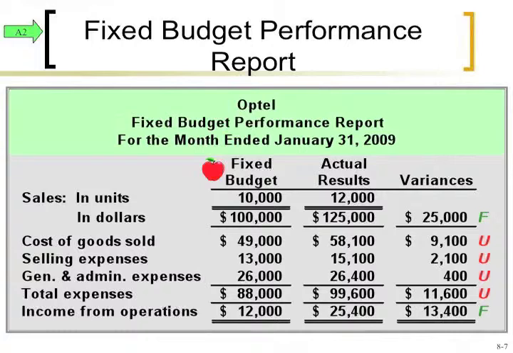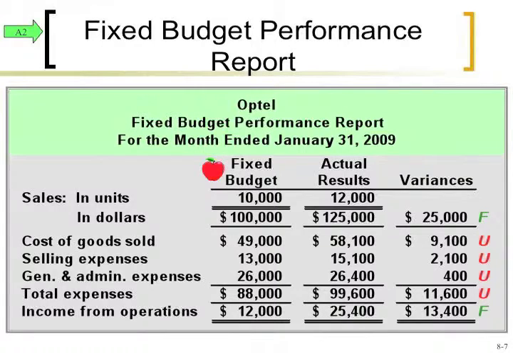Well, if we compared these two, we're going to be comparing apples to oranges. We ought to take our master budget, move it up to 12,000 units, and then ask ourselves the question, what should we have spent if our budget was at 12,000 units instead of 10,000?